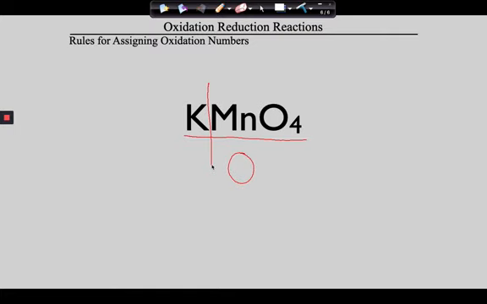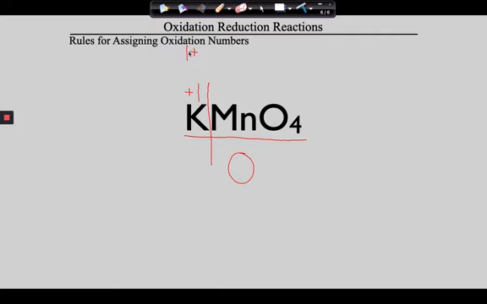From that break, we can now start assigning charges to pieces. What is the charge of potassium? It's group 1. What's its charge? +1. But you'll notice that I wrote it backwards. Its charge, and you don't need to write this down, is +1. So is its oxidation number. That's what that second rule says.